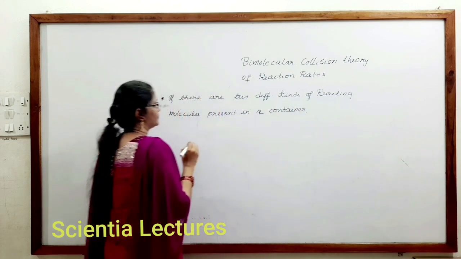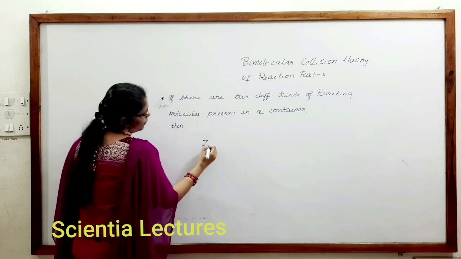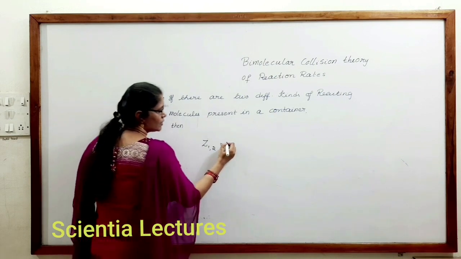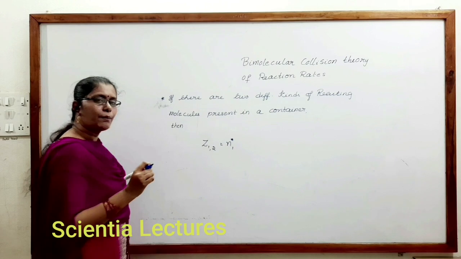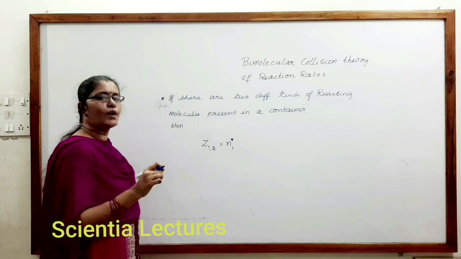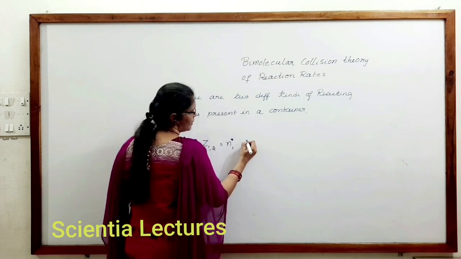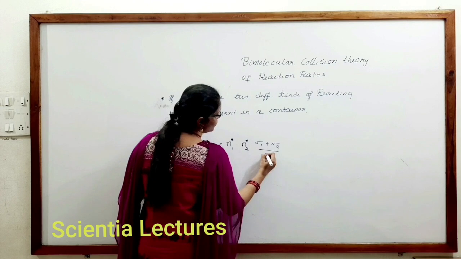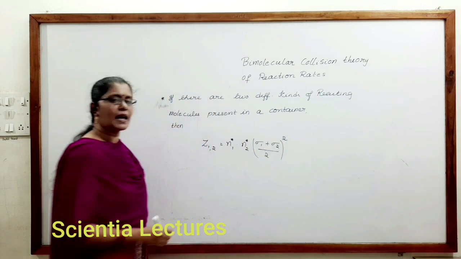Then Z12 of the two reacting molecules must be equal to N1 star, the number of reacting molecules of the first kind, into N2 star into the square of sigma 1 plus sigma 2 by 2, since the average collision diameter has to be taken here.